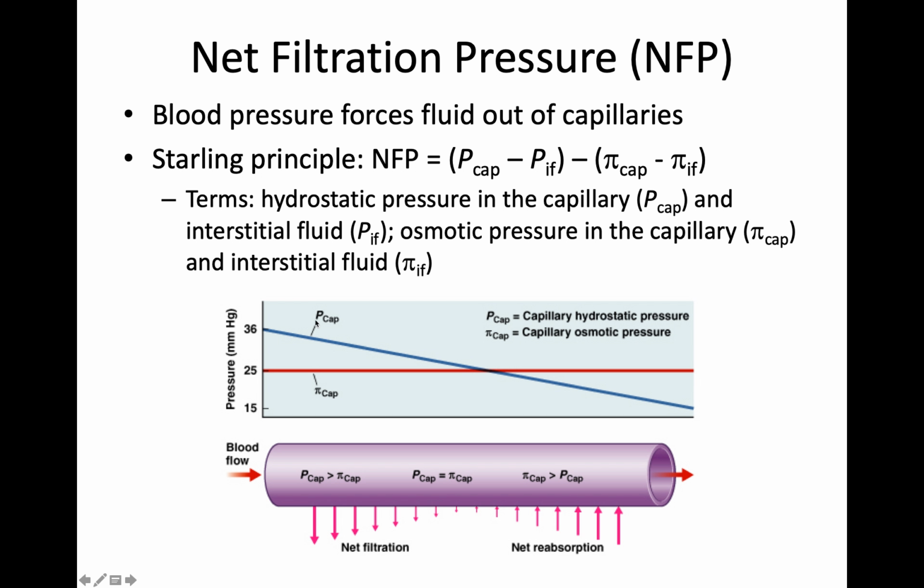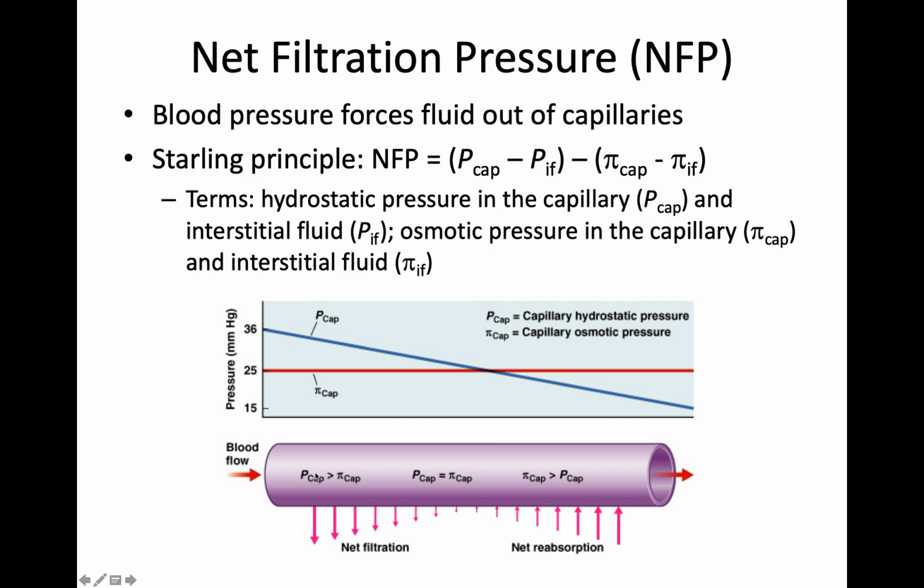But the hydrostatic pressure in the capillaries plummets across the length of the capillaries. It's very high in the beginning of the capillary beds, about 36 millimeters of mercury, but then that pressure gets very low at the end of the capillary beds.